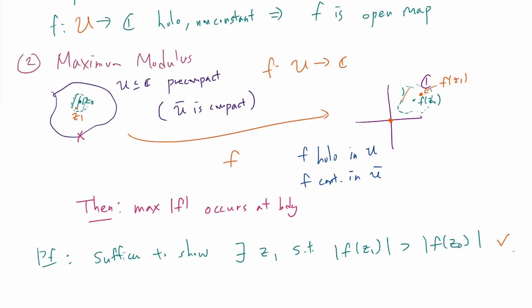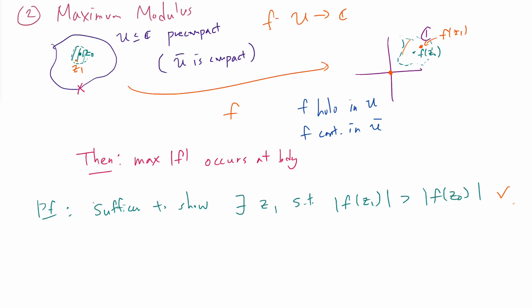And another consequence, actually, before we get to another consequence, let me do a quick interlude to give one application of the maximum modulus principle, which on its own also has tons of applications, and that's called the Schwarz lemma.